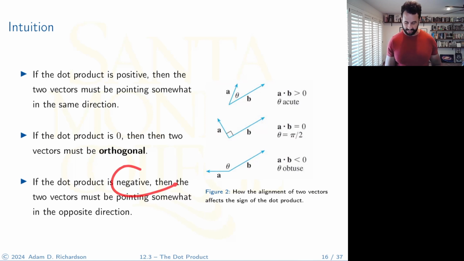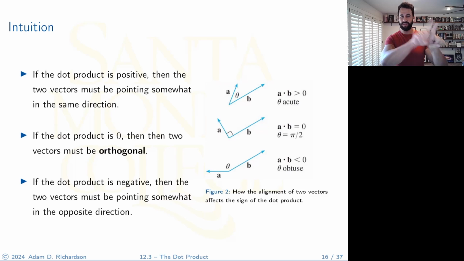Then if the dot product is negative, that means the two vectors are pointing kind of away from each other. So like I was doing a second ago, if they're 90 degrees, you get 0. And if they keep tipping away from each other, then the dot product is negative because it's basically saying that one vector is pulling the opposite direction on the other in some sense. That's the idea.